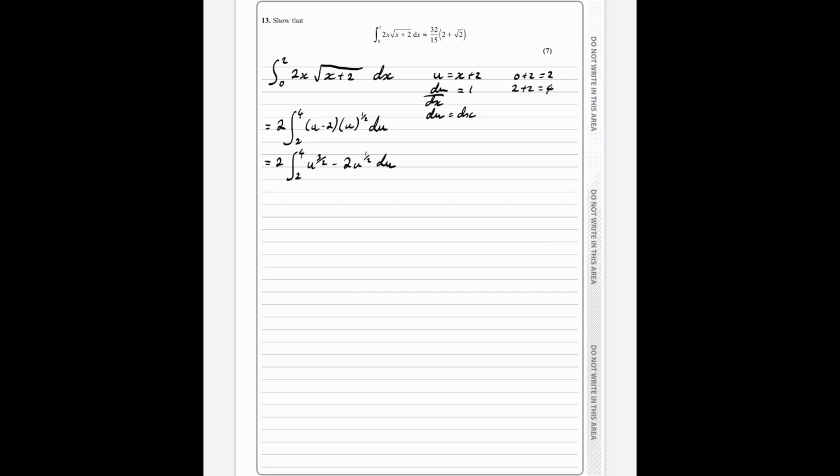And so we can integrate all of that with respect to u one at a time. I'm going to leave my 2 out the front just to keep us a little bit tidier.